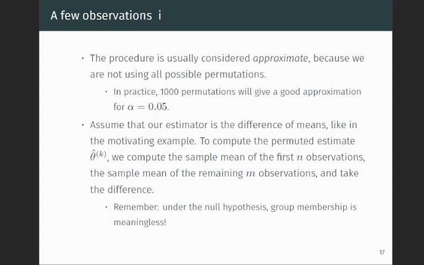The idea here is that under the null hypothesis, group membership is meaningless because they should be coming from the same distribution. And so we could pick any n observations and then take the remaining m observations and call the first one x, the second one y. But it's just simpler to do it systematically by taking the first n observations and the last m observations.